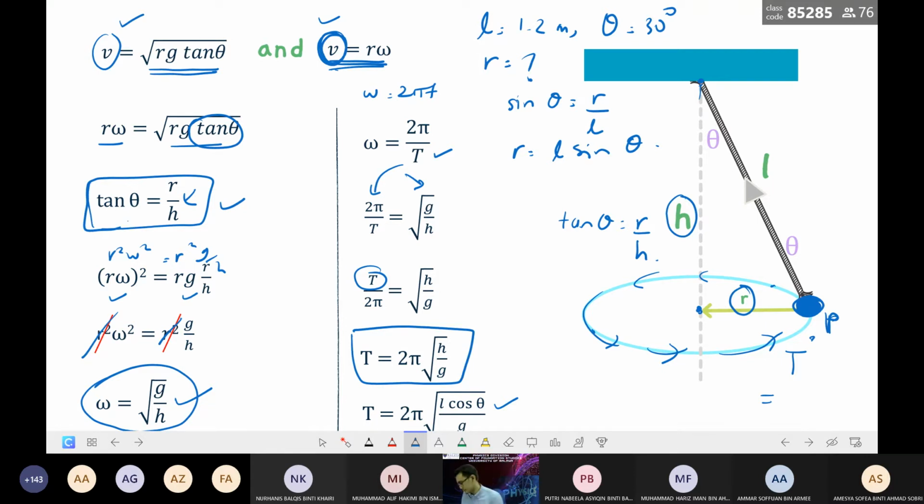Seconds. Correct, seconds. Okay, the unit of frequency is? Per second. Per second or hertz. Correct. Alright, no problem.